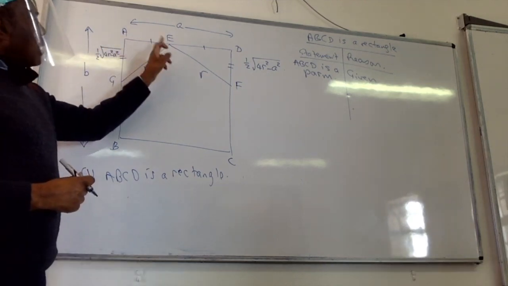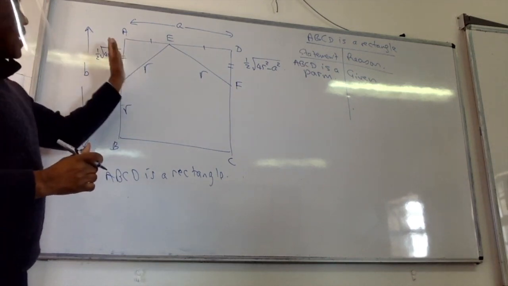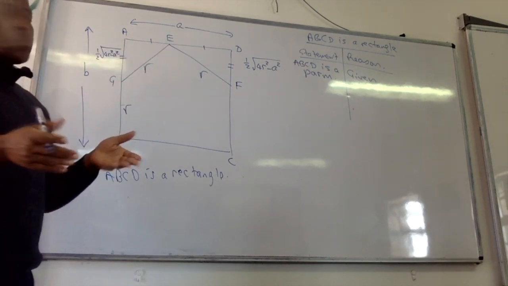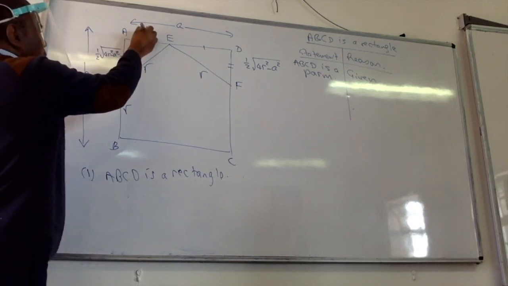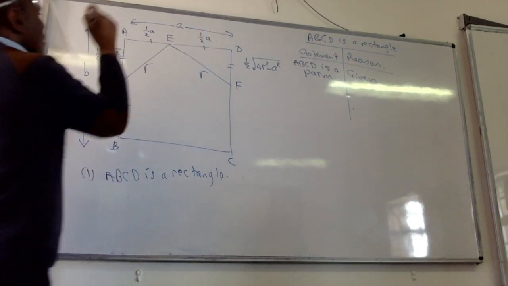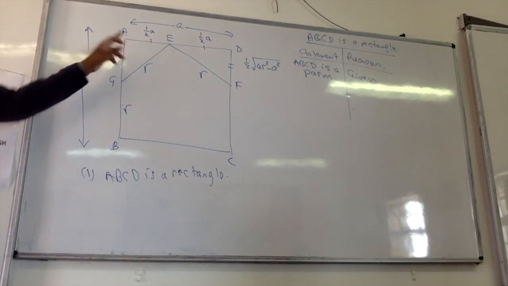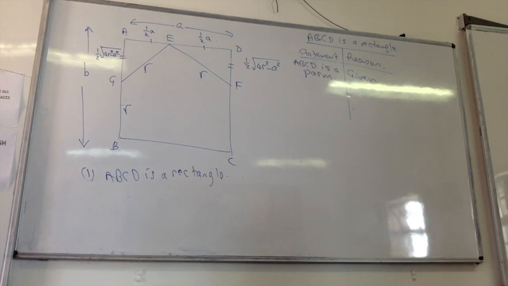Are we told that AE is equal to ED on the diagram? Yes. And AD is equal to a, which means AE is equal to half of a. Then it's easy to use those sides to check whether that angle there is 90 degrees. How do we do that? We prove the converse of Pythagoras, right?